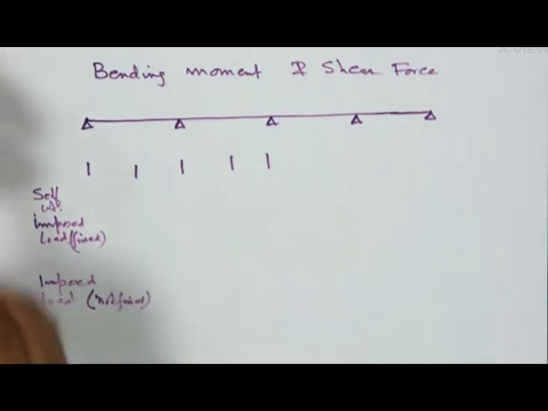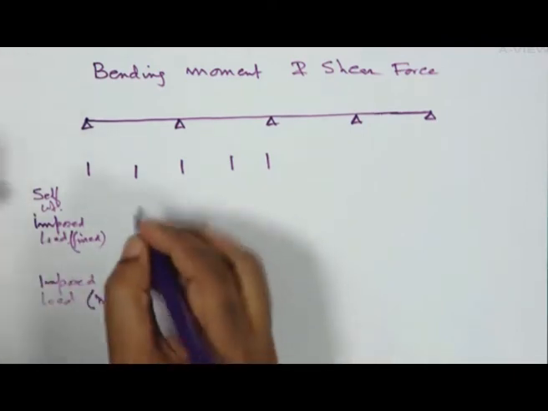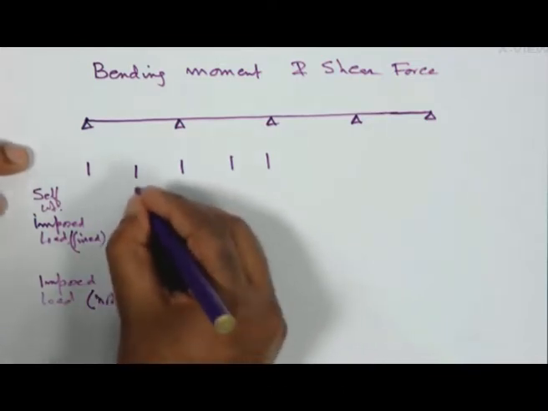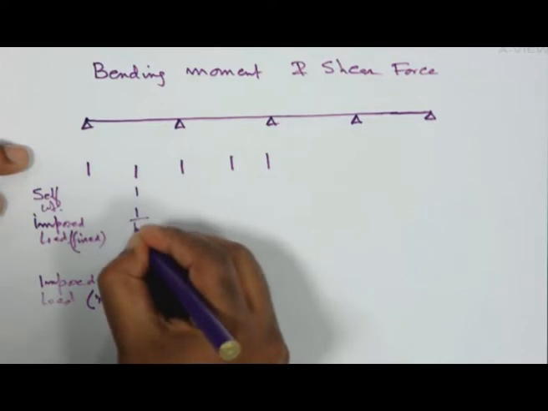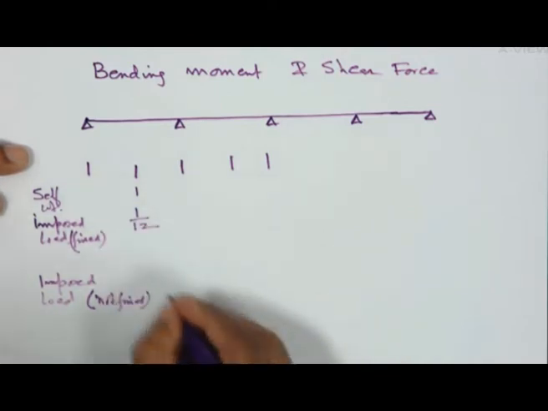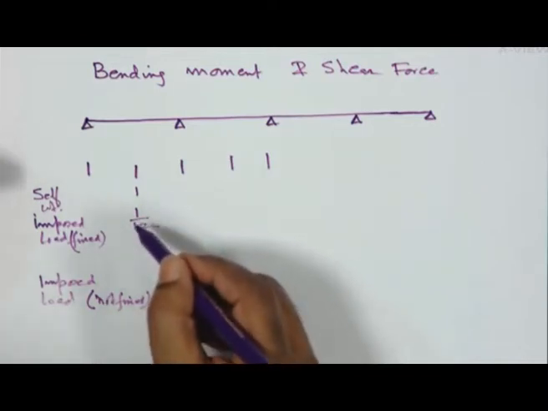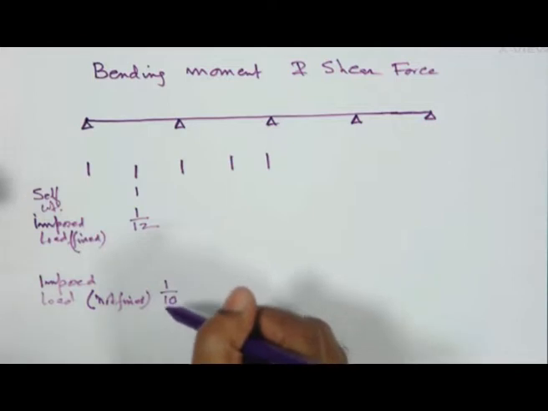So what does it mean imposed load fixed? So for this case, near mid span, just to give you one example, this is 1 by 12, and this is 1 by 10. So 1 by 12 is actually less than 1 by 10.